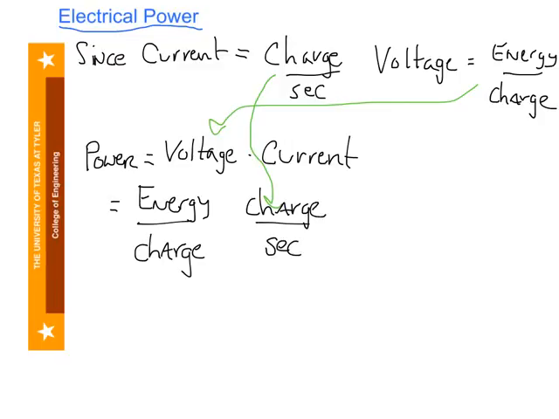Well, when we multiply those together, we can cross the charges out top and bottom, and we're left with energy per second, which is energy over time, and we already decided that this was power.